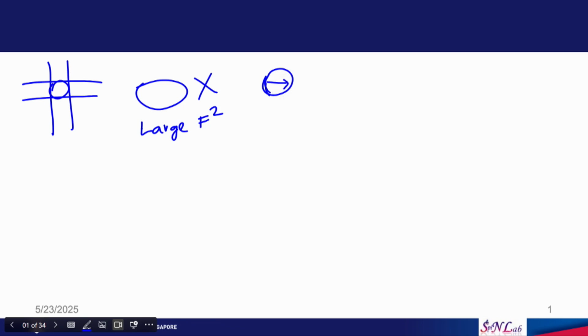To do that we use an antiferromagnetic layer at the bottom of the ferromagnetic layer. If you have an MTJ where this is the reference layer, then this is the magnesium oxide layer, then this is the free layer. In order to pin the magnetization of the reference layer in one particular direction, we use an antiferromagnetic material.